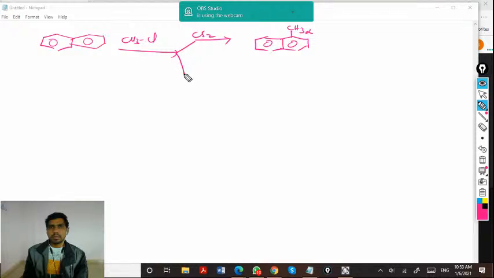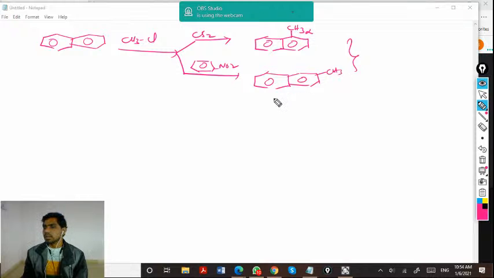In the presence of nitromethane as a solvent, it is going to give the beta substituted product.